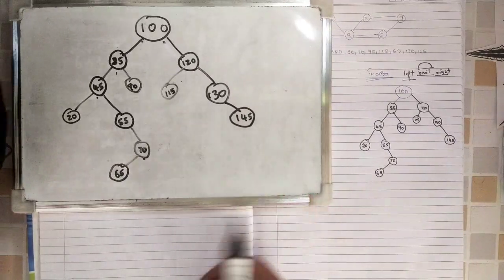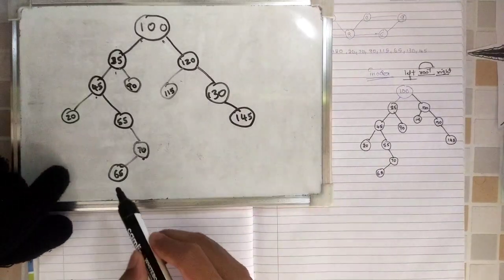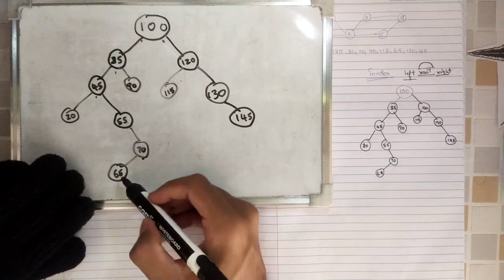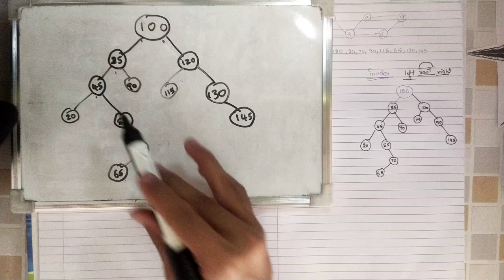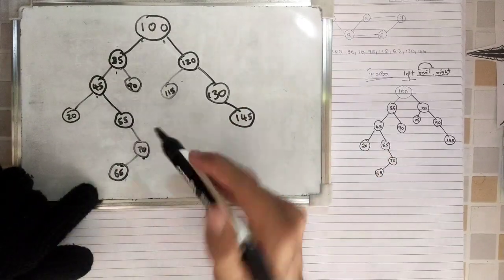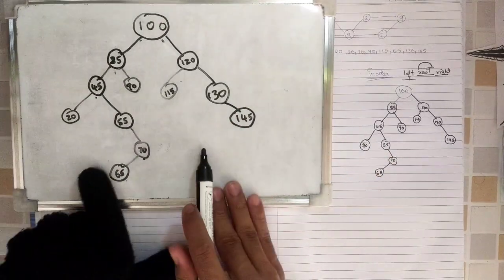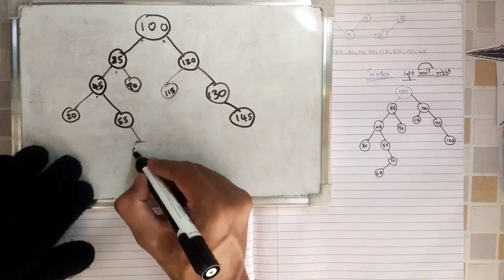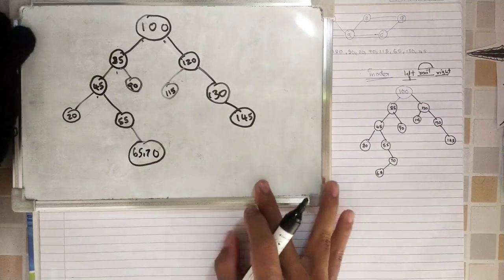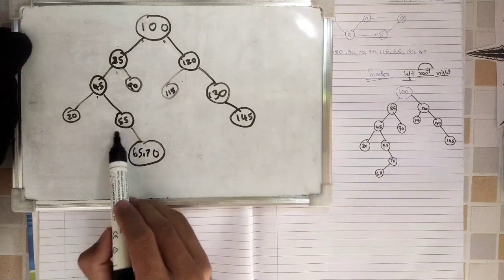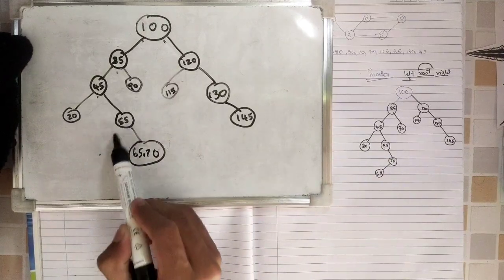So what I will do? I will do the bottom up technique. First left, then root, then right. Okay, so here, I made a mistake. Now what I will do? Bottom up technique. First my left, then root. Here I will write 65, 70. Now here, if it is a root, there is no left, then root, then right.